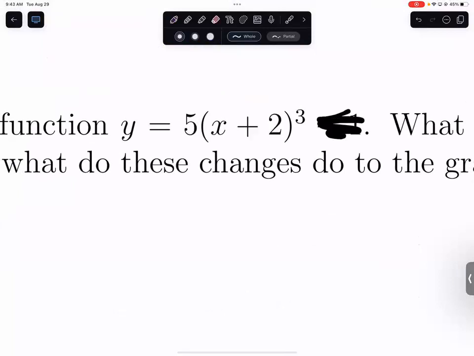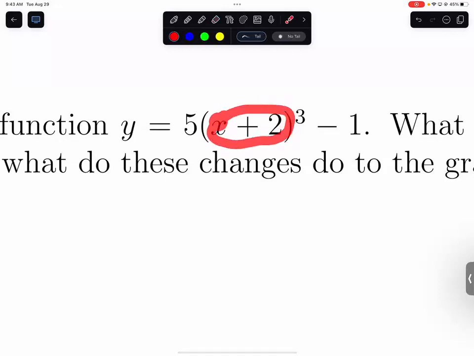Now, if I'm going to think about all the stuff that happens to it, what happens first? If I give you an X value to plug into this and say, tell me what the Y is that goes with it, just do the arithmetic. The first thing you would do is this, X plus 2. So the first thing I do in terms of transformations and changing the graph is whatever that says to do.